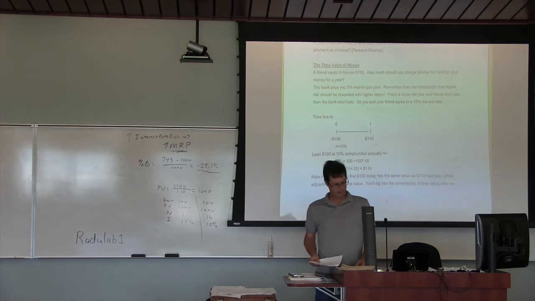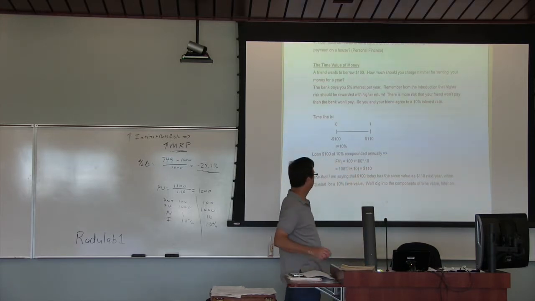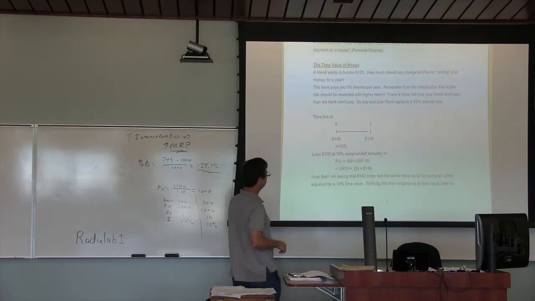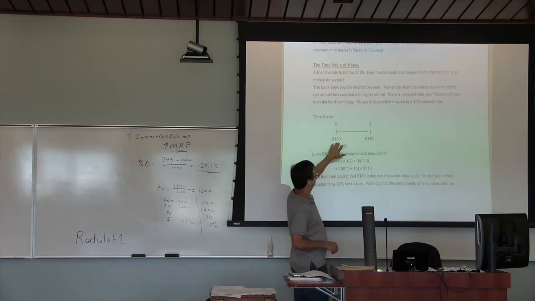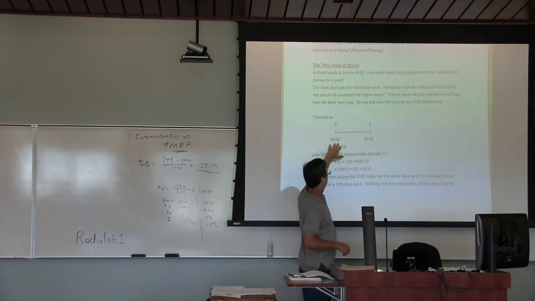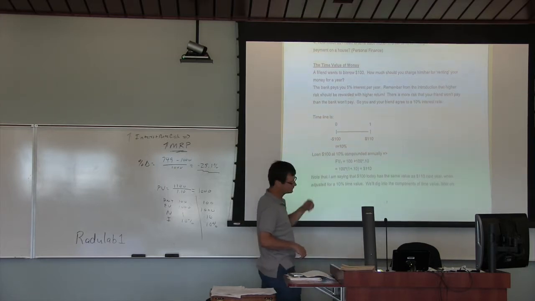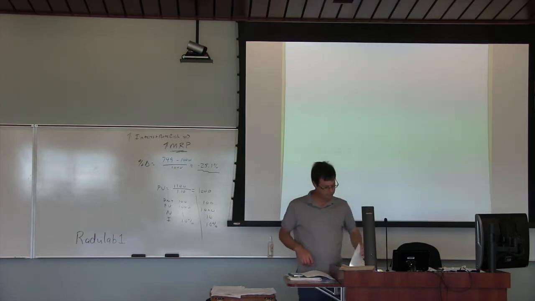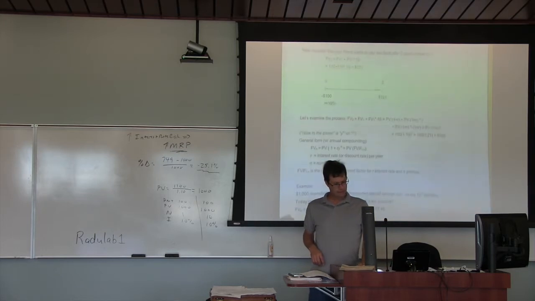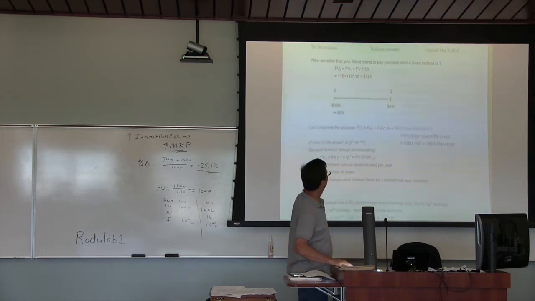So, time value of money. Here I just go through a quick example that says if somebody lends you 100, you'll pay them 110 next year. That's a 10% rate of return. We can see how this comes together. Next page, let's say it's going to be 2 years.